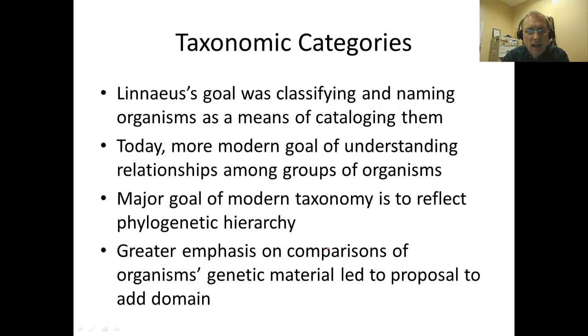Today, the more modern goal of understanding these taxonomic relationships is to describe them in more detail. And the major goal of what we try to do as we classify organisms today is to reflect the relatedness of different organisms to one another.